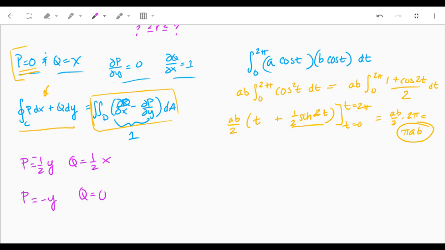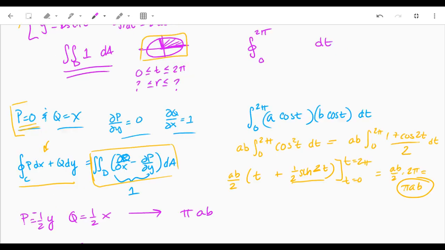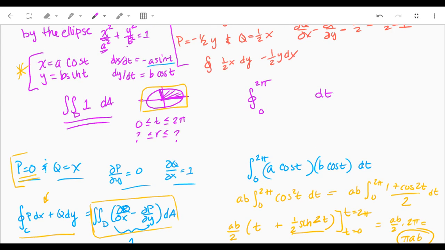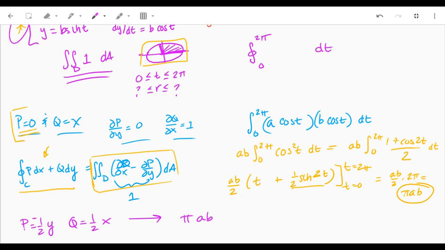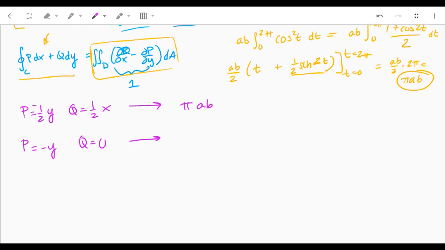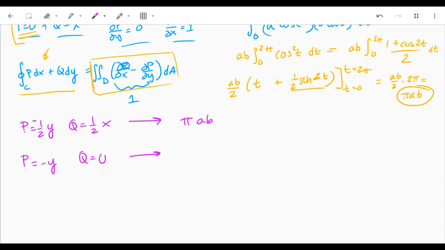Any way that you want to do it, we should get pi AB as the answer. I would challenge you to try to set it up the same way. We've done a lot of the parameterizing up here for you already, so you could try the integrals with all the different setups if you would like to.